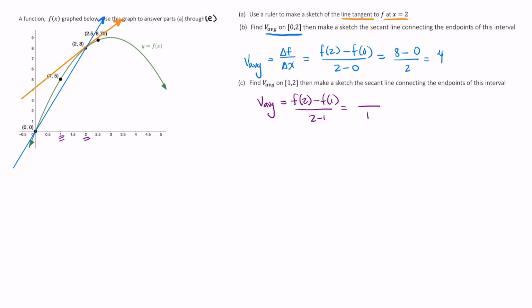In our denominator, we just have 1. f of 2 is still 8. If you put an input of x equals 2 into this function, you get an output of 8, so that has not changed. f of 1 is 5. So this is just 3. And then I'm going to sketch this line again.